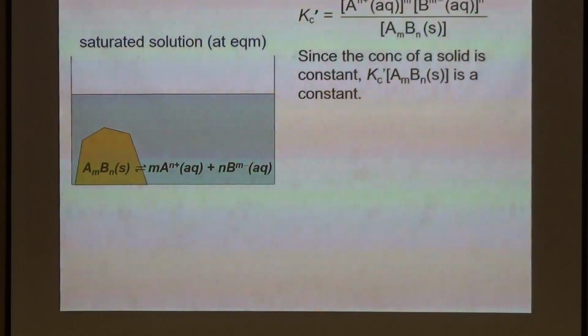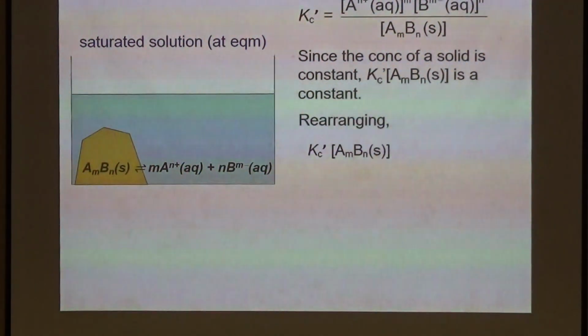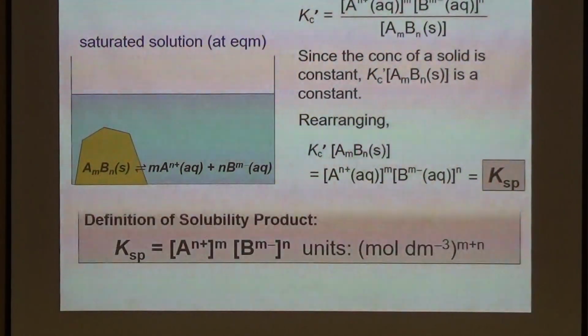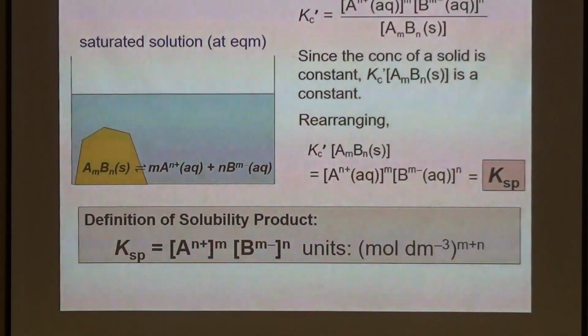Now, the thing is, for solids, the concentration is constant. Okay? So, you can rearrange this and you get a new constant, and you will call that the Ksp. Okay? The units will depend on how many ions there are.